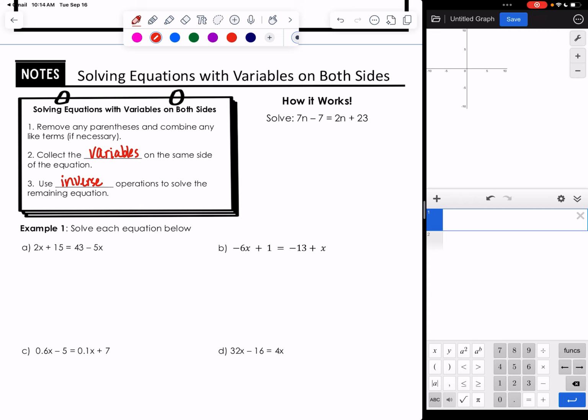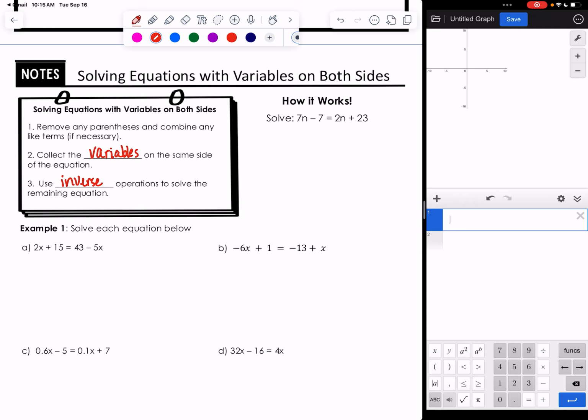We have 7n minus 7 is equal to 2n plus 23. Now in this problem, we don't have any parentheses, so we can skip that step. So I'm going to go straight to step 2, which says I want to collect all the variables on the same side of the equation. So I'm going to start on the right-hand side, and I want to remove the 2n from the right side.